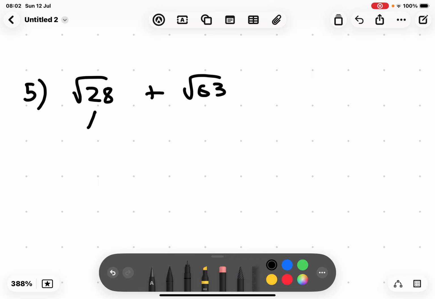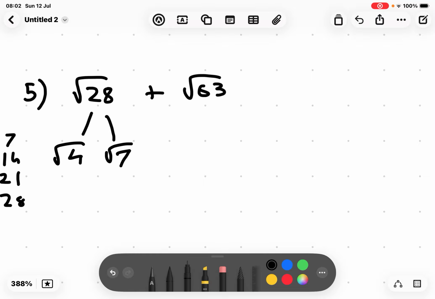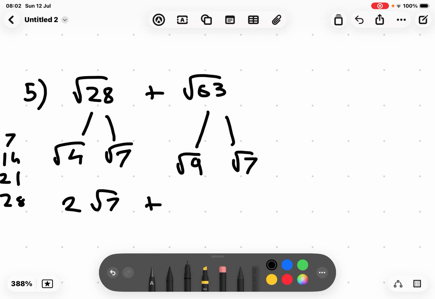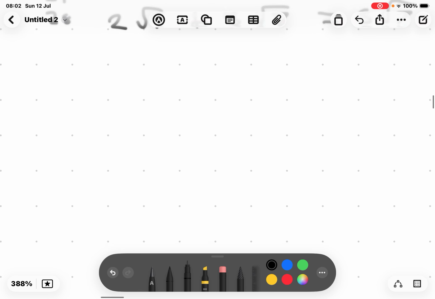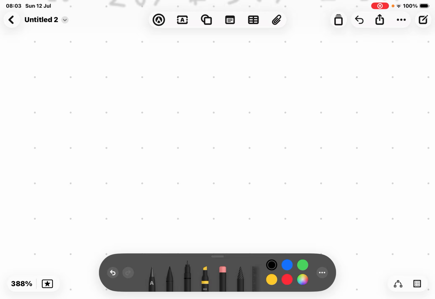So I'll split this, 7, 14, 21, 28, into 4 and 7, and then I'll split this into 9 and 7, and so we'll get 2 root 7 plus 3 root 7, and so we are able to just put 5 root 7. It's pretty easy.